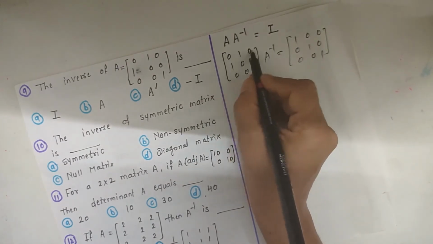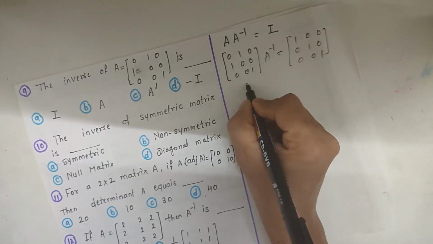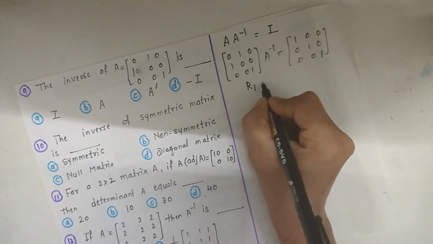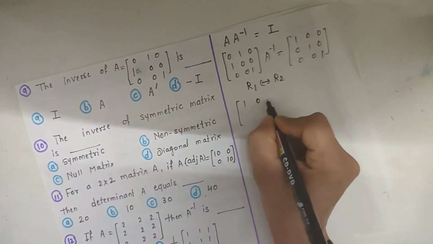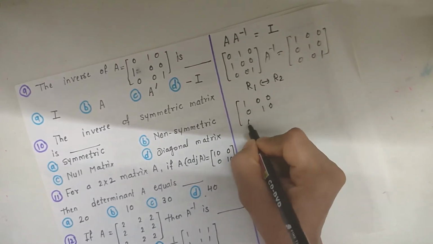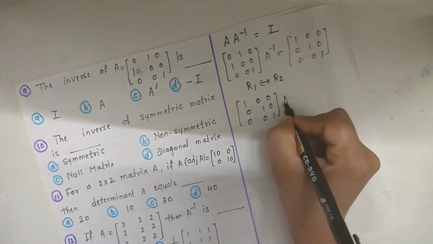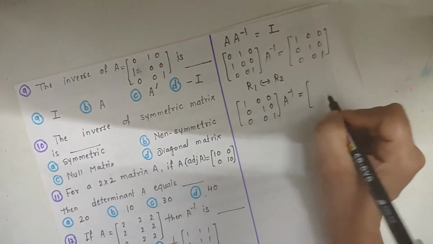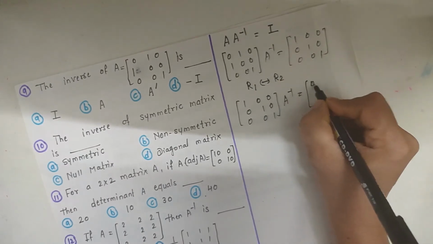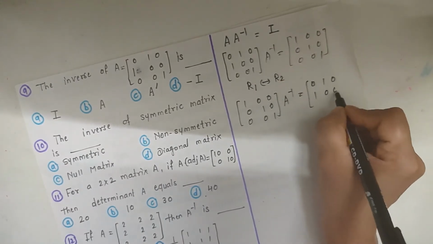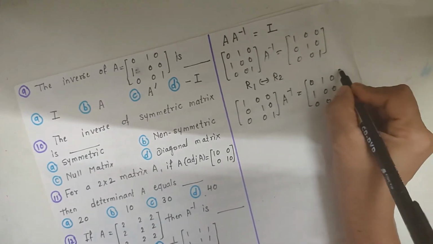Now by observation, interchanging these two rows, that is R1 and R2, we get the identity matrix 1 0 0, 0 1 0, 0 0 1 into A inverse is equal to the same transformation applied on this side, then 0 1 0, 1 0 0, 0 0 1.